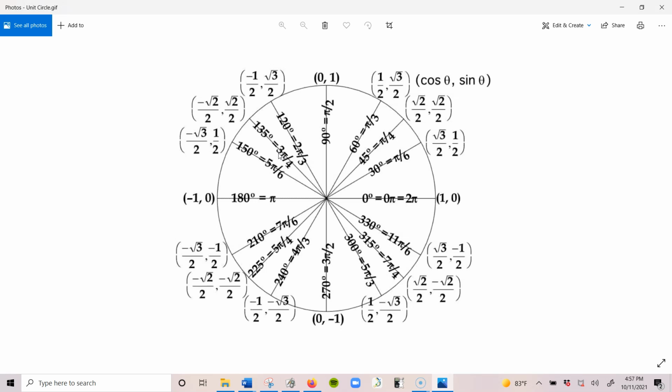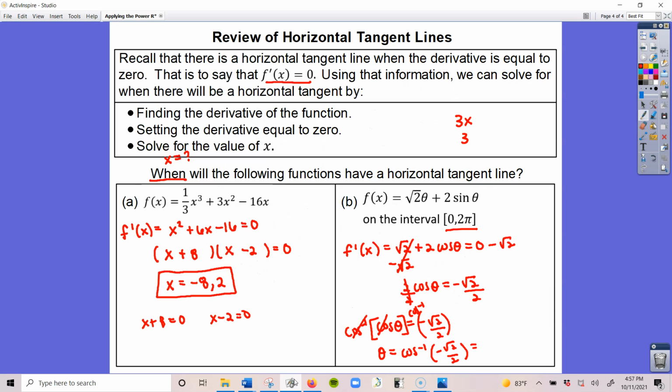So my 2 answers are going to be 3 pi over 4 and 5 pi over 4. And that's when f of x is going to have a horizontal tangent.